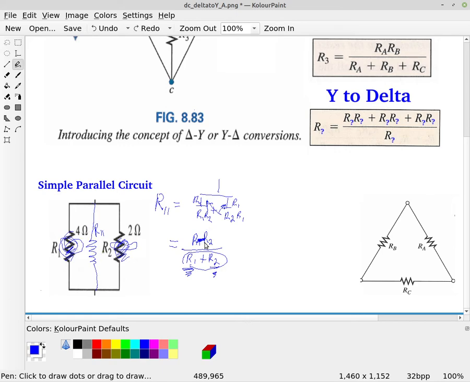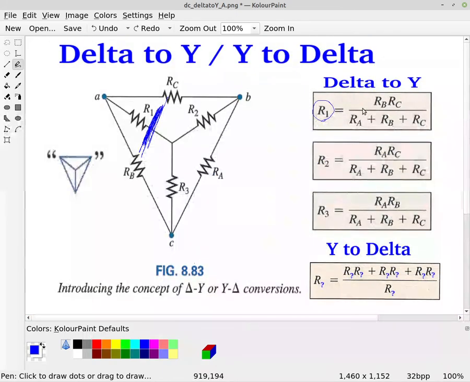Up here, we take the two that are touching at this point and coming out. Those are the two resistors, RB and RC in this case, that we multiply to get R1.